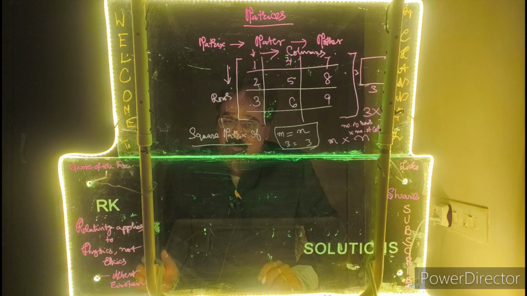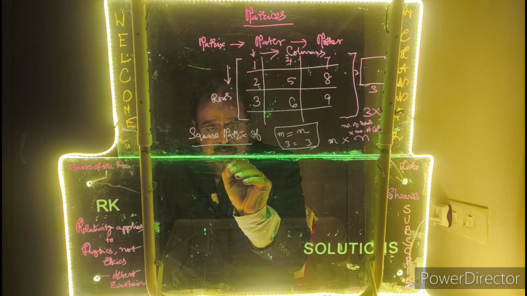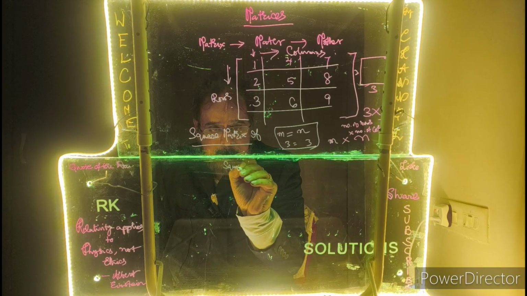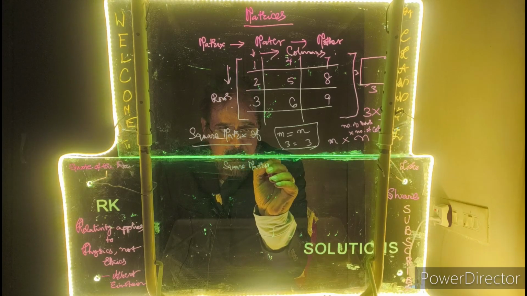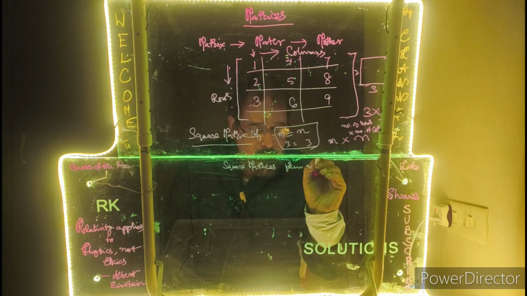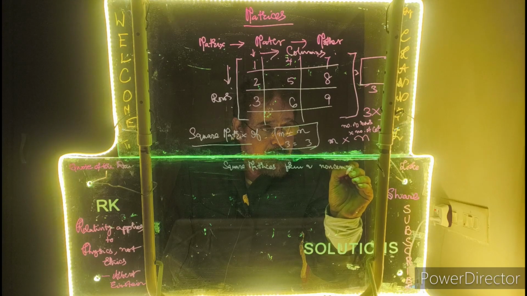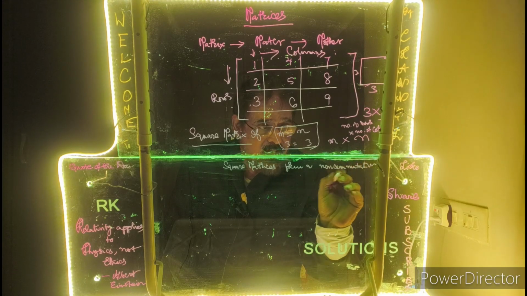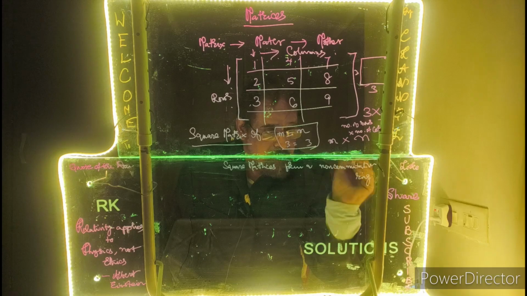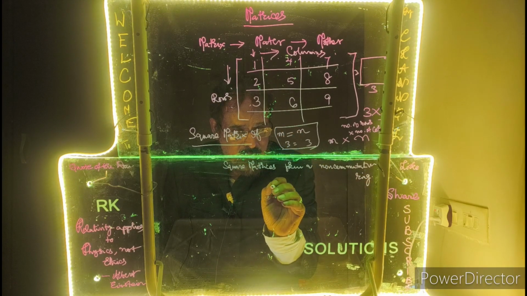Square matrices are very commonly used. Square matrices, rather, form a non-commutative ring. Commutative is, you see, AB is equal to BA.